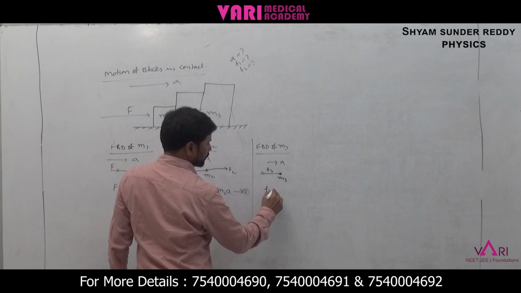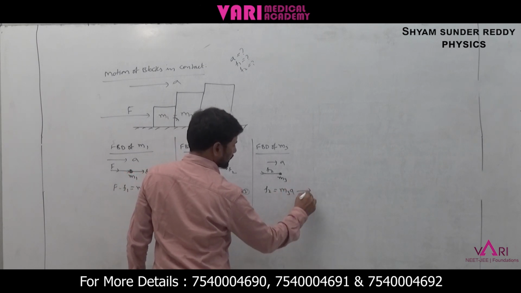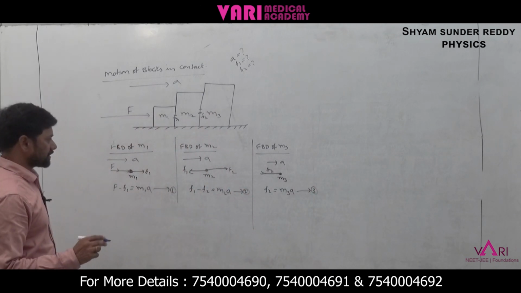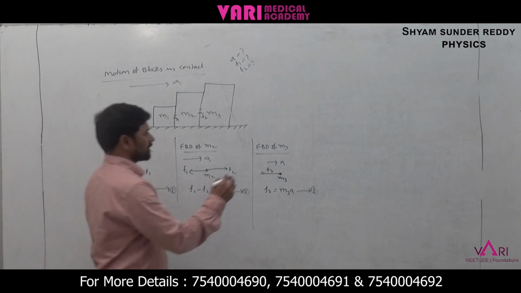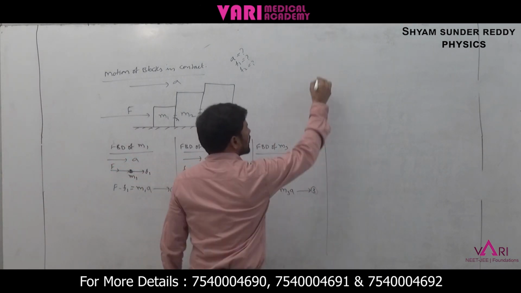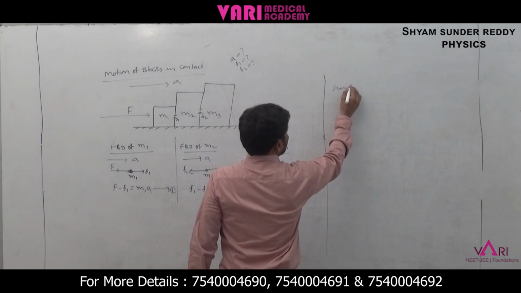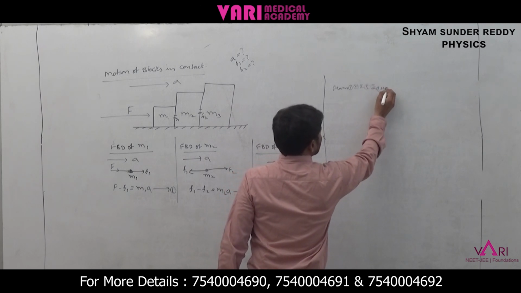So F2 is equal to M3A. This is the third equation. From equations 1, 2 and 3 we are getting the acceleration.